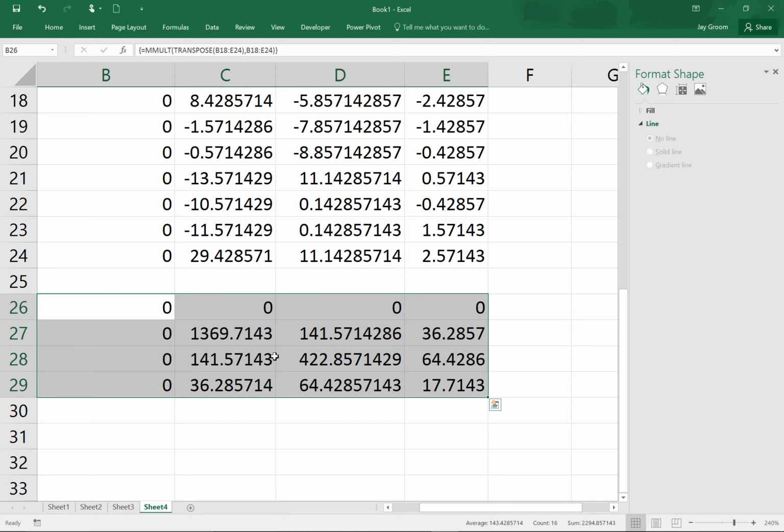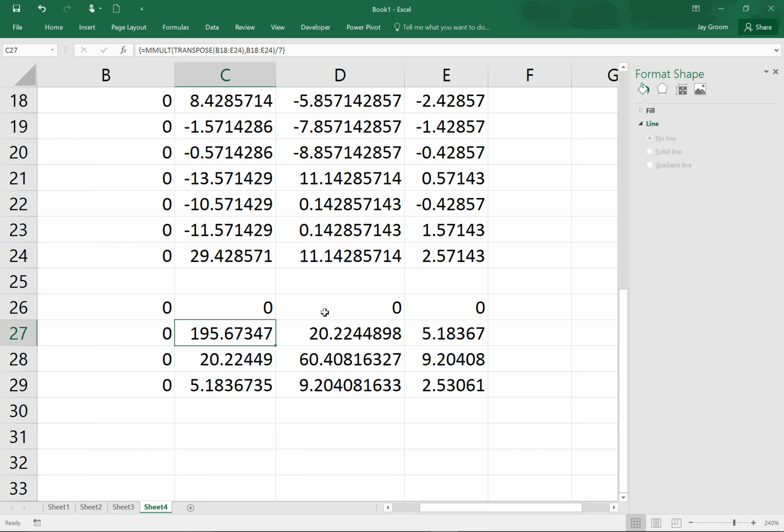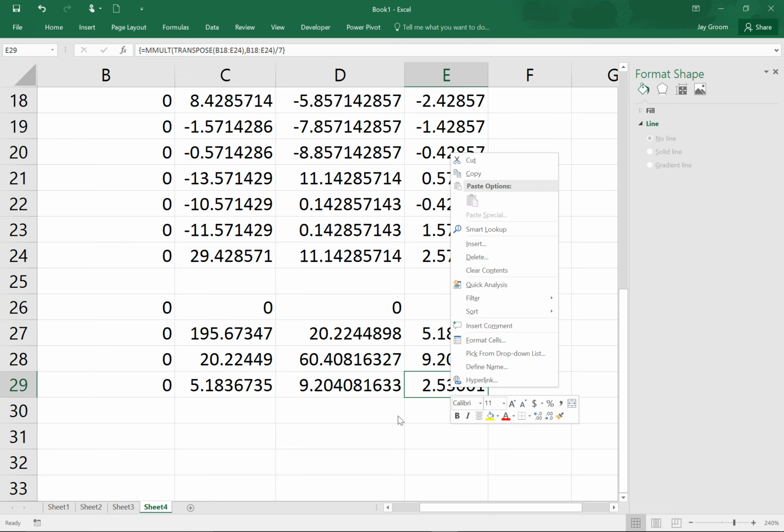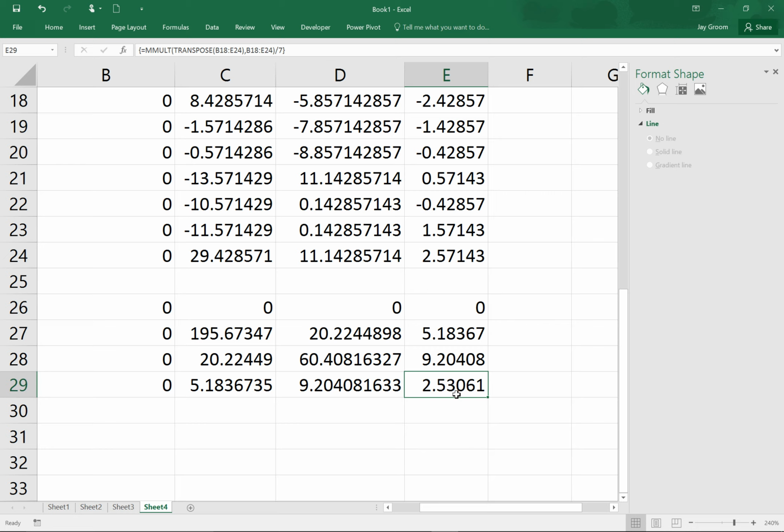Now, oh, I did it again. Divide by 7. There we go. So this is the variation within my stress at home, the variation of my stress at work, and this is my number of days I went fishing variance. Now, I don't go fishing very often, so there was not a whole lot of variation there.